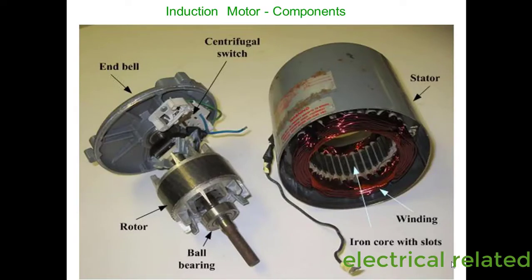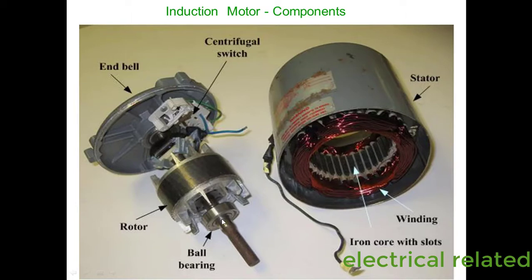Here you can see the major parts of the induction motor. Here is the stator. You can follow my cursor. Here is the winding of the stator, and here is the iron core with slots, and here you can see the rotor.